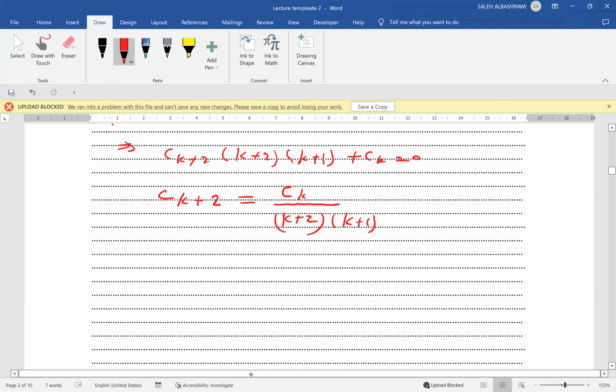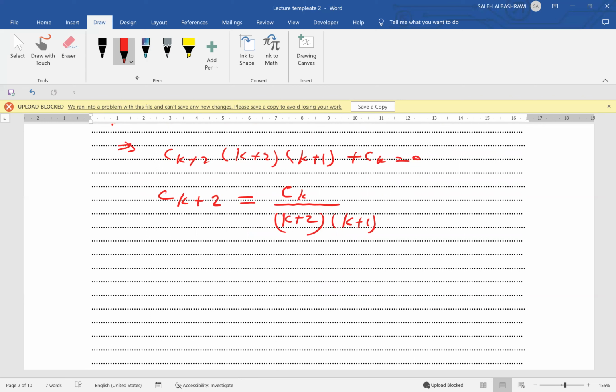Now let's start with k equal to 0. If k equal to 0, then we will have C2 equal to C0 divided by 2.